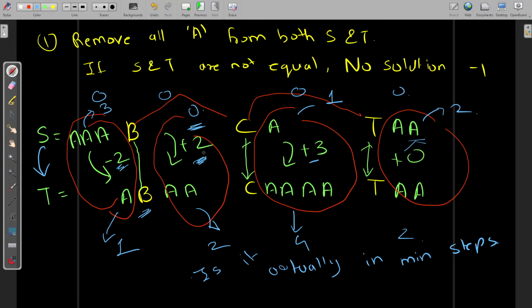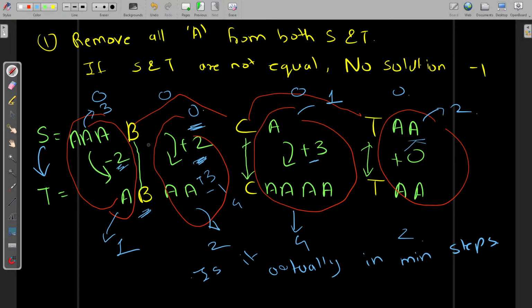If we add three and then remove one, then it will be a lengthier approach. It will require four steps instead of two. But we already have figured out a solution which is the shortest one. Only add the minimum required or only delete the minimum required. And if both are the same, then no need to perform any operation at all. We already have figured out a solution with minimum steps.